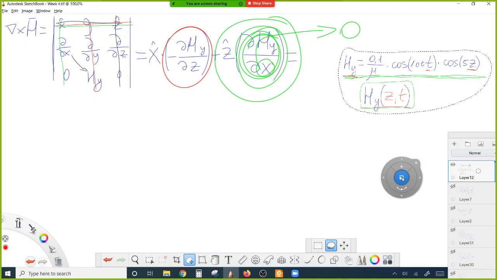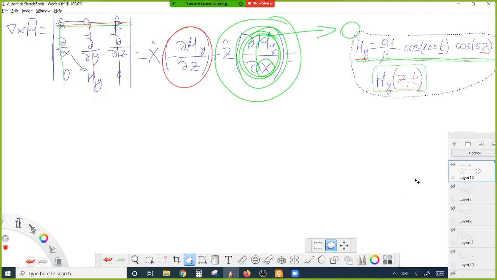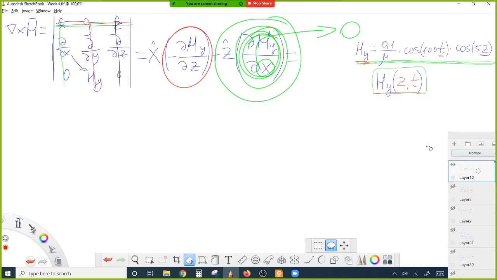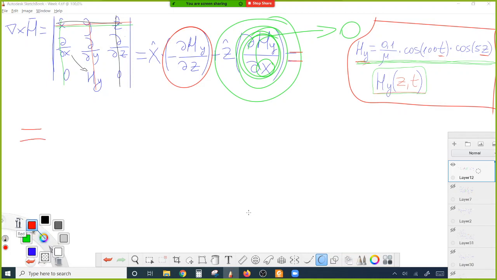Okay, let me put it somewhere here, and this is something separate, and here it is equal. If we take the derivative of Hy with respect to z, what we have? We have minus x unit vector.